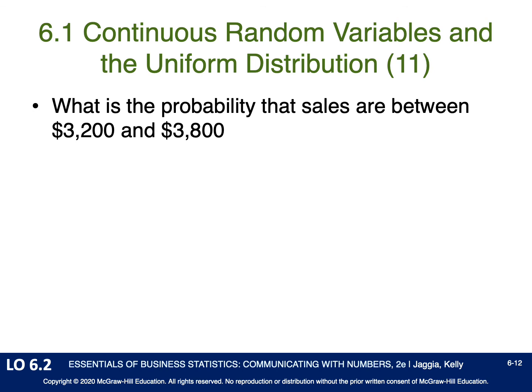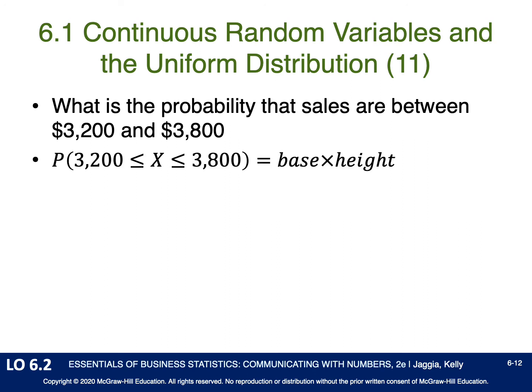Now we can also calculate what is the probability that sales fall between $3,200 and $3,800. So in this case, what's the probability that X is greater than or equal to 3,200 and less than or equal to 3,800? And that, of course, is base times height. So now my base is going to be the 3,800 minus the 3,200, or 600.